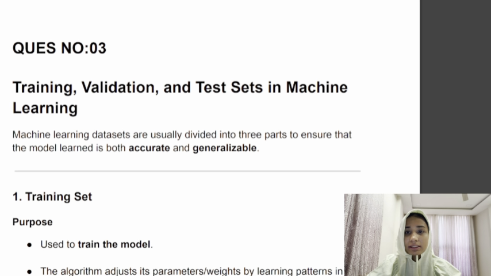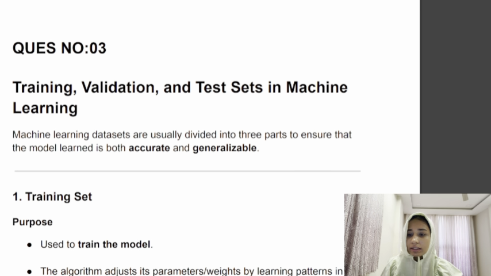Question number 3: explain the purpose of training, test and validation sets in machine learning. What is cross-validation and how does it differ from a simple train validation test split?